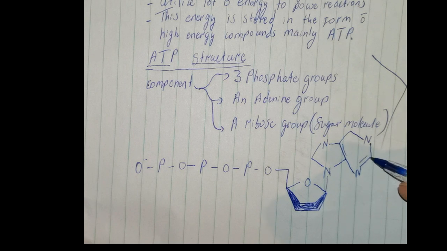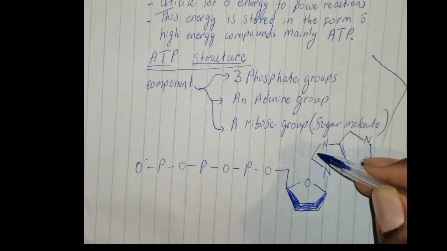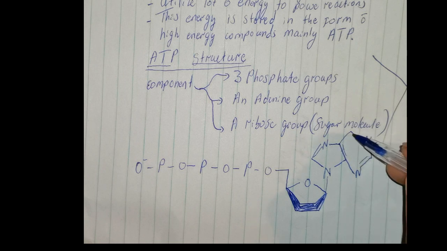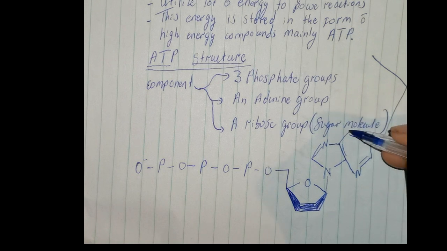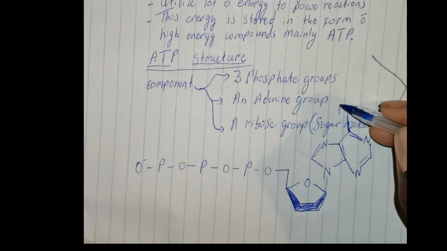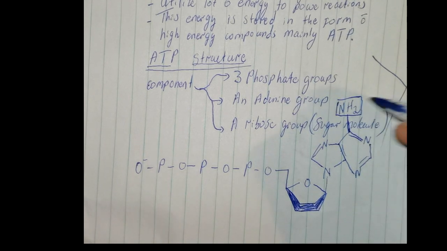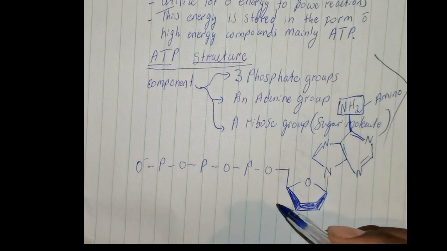Sorry for that. And then we have the double bond, because we know from organic chemistry that carbon should always be bonded to four bonds. That is bonded to an amino group.